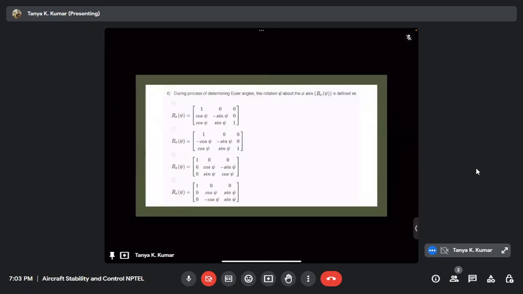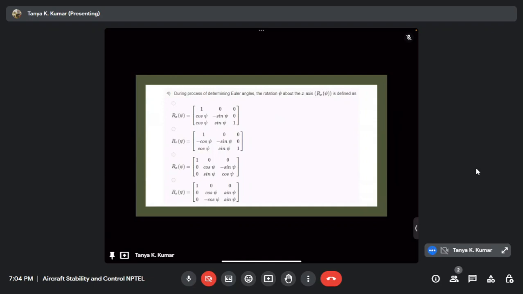During the process of determining Euler angles, the rotation xi about the x-axis is defined as... Now they've asked you for the primary rotation matrix about the x-axis, where the angle is xi. The angle can be anything; you just need to know the primary rotation matrix about each axis. In this case, they've asked about the x-axis. So which one is it? If it's rotation about the x-axis, the first element will be 1, right?